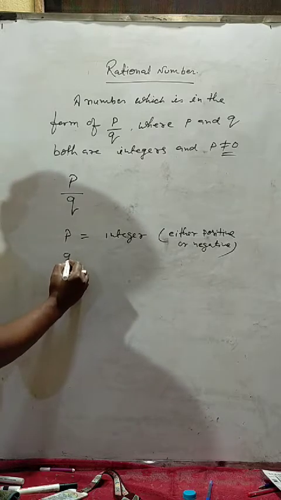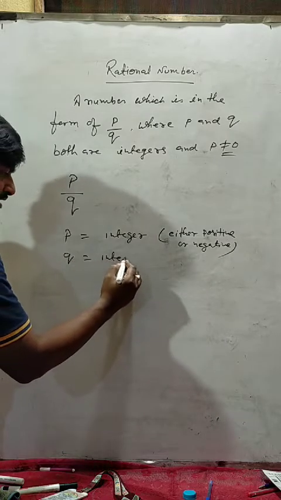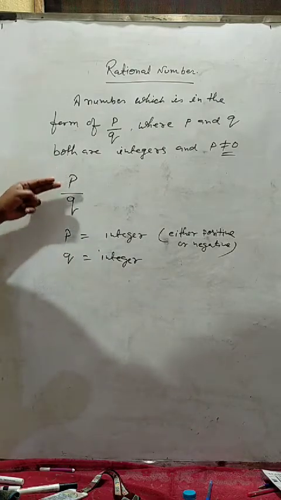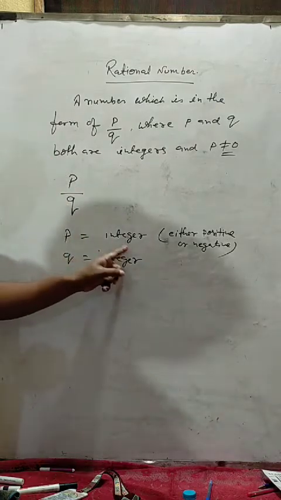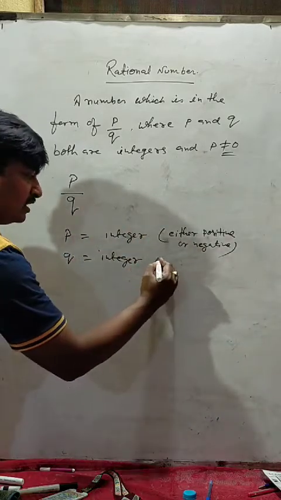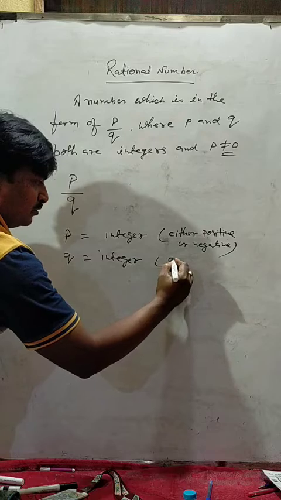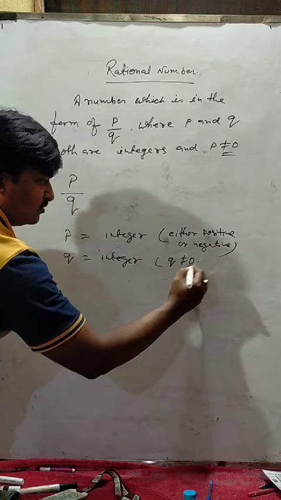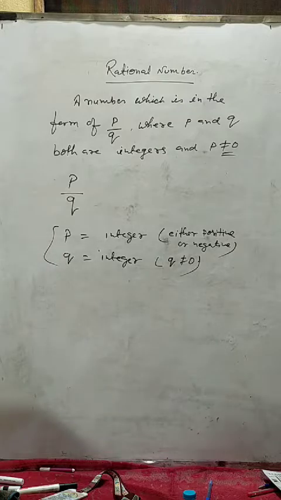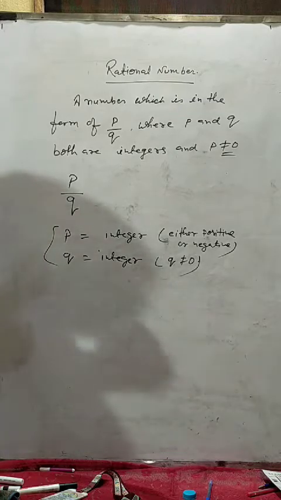Q must also be an integer. P may be either positive or negative, but q should not be equal to 0. So it is called a rational number.